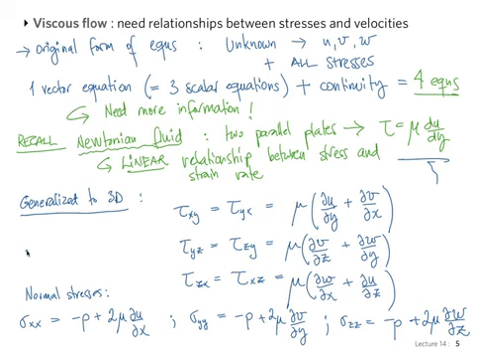Now that we have all the relationships between stresses and velocities for the particular case of the Newtonian fluid, we can put this back into the equations of motion, do some manipulation, which will include using the continuity equation. It's about 1 page of manipulations that I feel you wouldn't gain too much from me just doing in front of you.